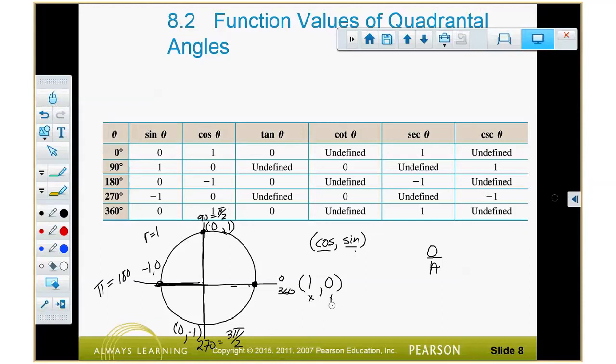Opposite. Now what happens when you divide by 0? You get undefined, Hubert. That's right, class. What happens when you divide a number into 0?